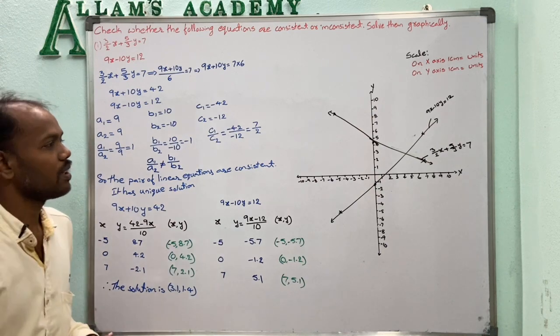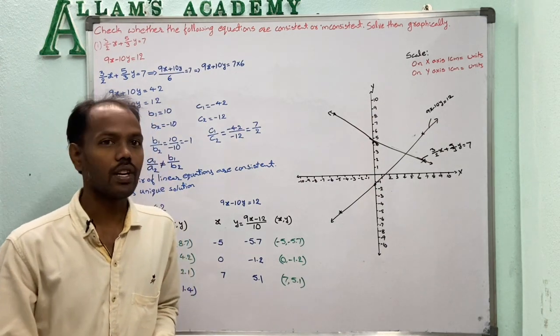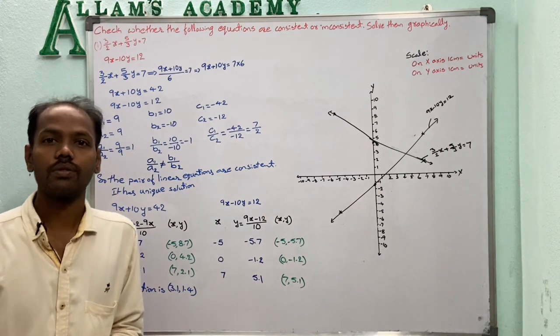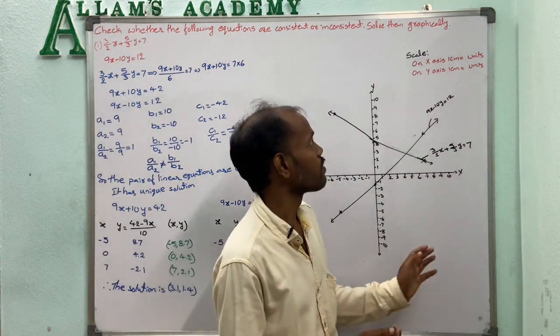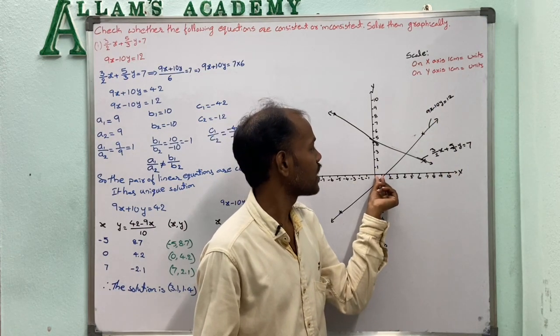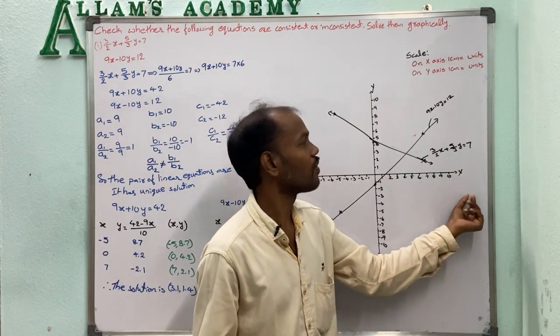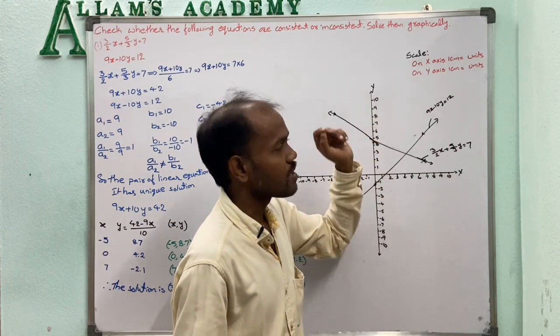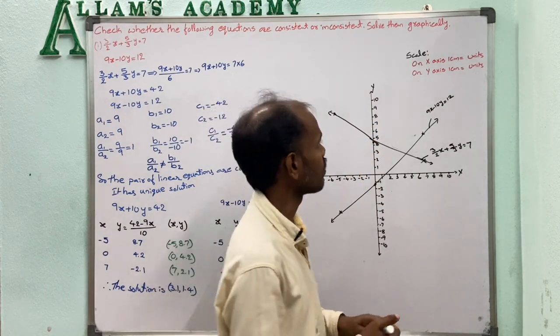And here, if we observe the scale of the graph, on the x-axis we take 1 centimeter equal to 1 unit only, and on the y-axis 1 centimeter equal to 1 unit only.